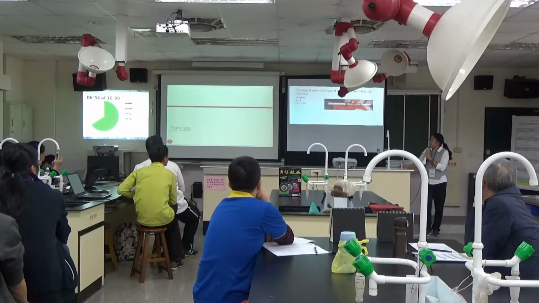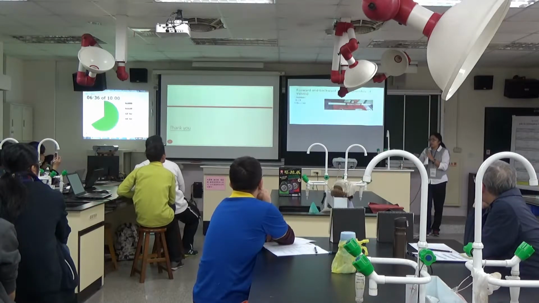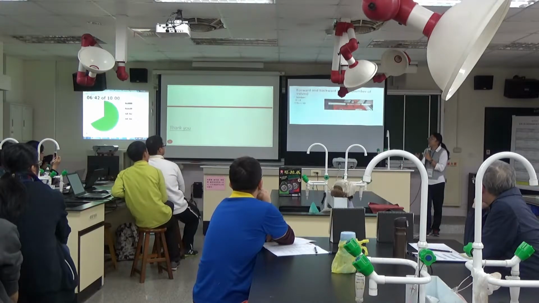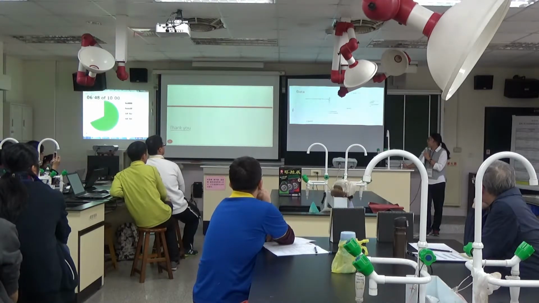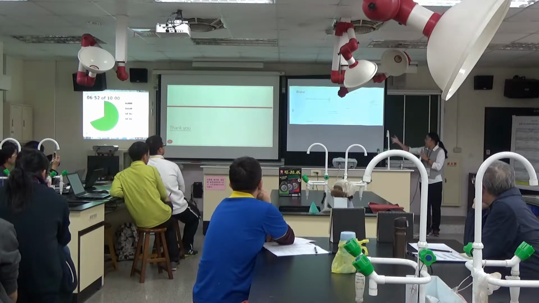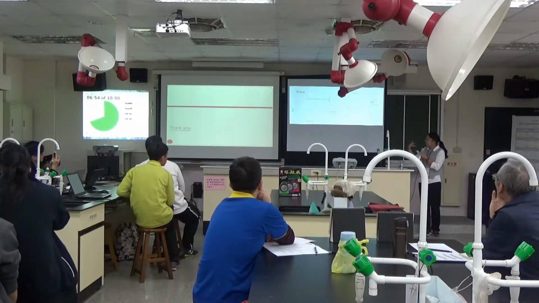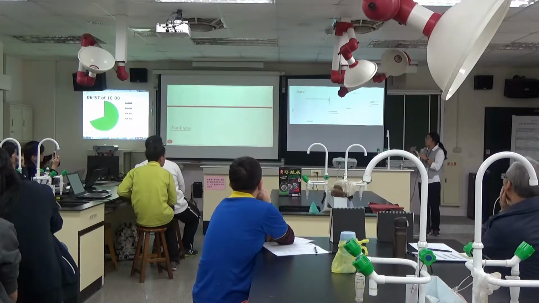And this time we are talking about when we increase the number of Tesla valves, what will happen and how different the positive and negative wave of the speed of the fluid will be. And this is our graph. And also when the graph is this way, the velocity is also smaller.